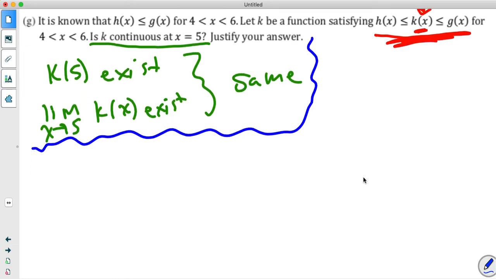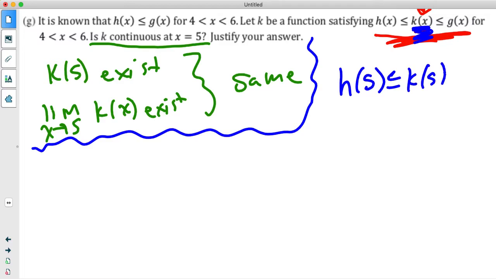Now we know that k of x is between h and g right here, in that inequality. So first of all, we're going to start off with h. We want to know when x is 5, h of 5 is less than or equal to k of 5, which is less than or equal to g of 5.